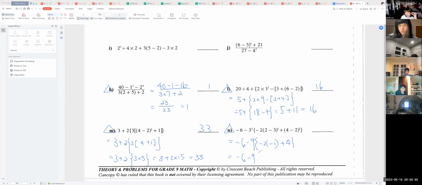Negative 6 minus 9 times 6 equals negative 60. Oh, I got all of them right. Very good. Okay, everybody, this part we're not going to spend much time on.